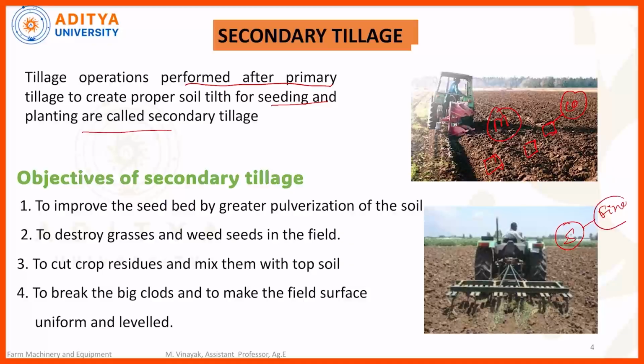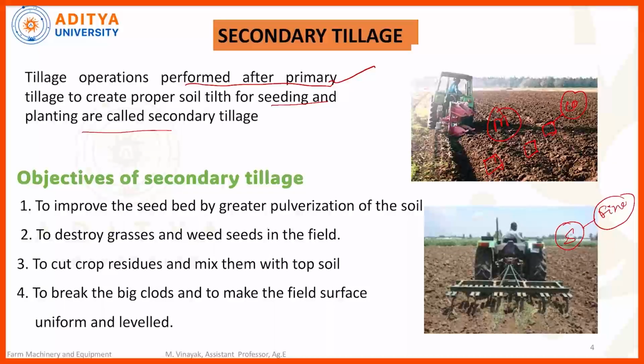So a large number of clods we need to convert into small soil particles. That's why it is mentioned: tillage operation performed after primary tillage to create the proper soil tilth for seeding as well as planting operations. This is the definition of the secondary tillage.